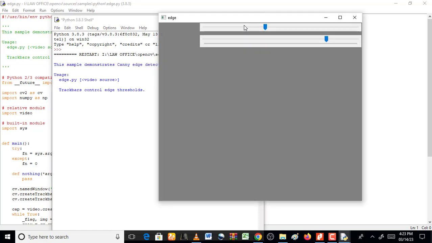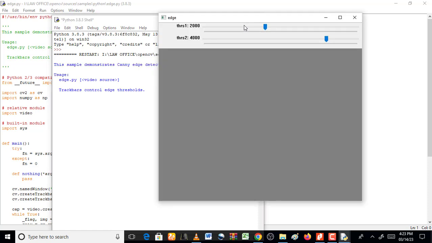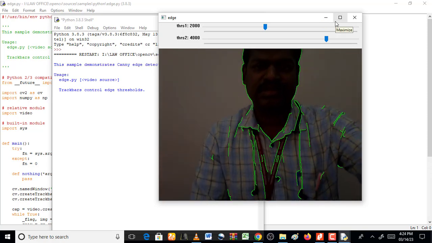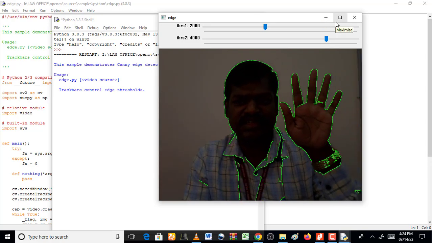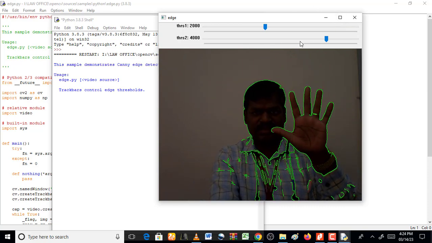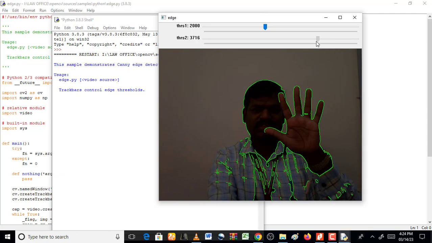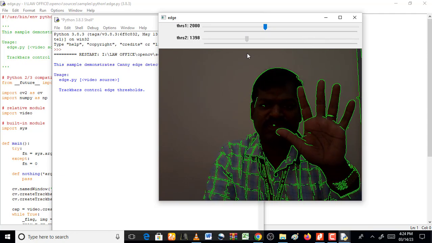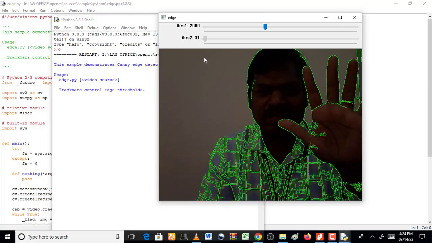There are two types of thresholding points here, threshold 1 and threshold 2. See here the type of edges: this method will give the outer line, and then removing it improves from the threshold value. What will happen here?